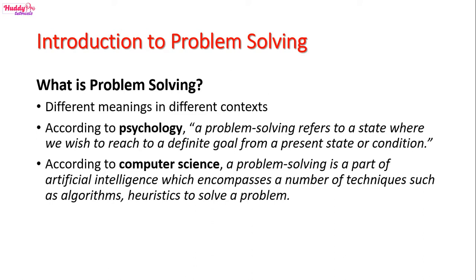But according to computer science, problem solving is part of artificial intelligence, and this kind of artificial intelligence includes a number of techniques, and these techniques include algorithms, heuristics, and so on that are used to solve a problem.